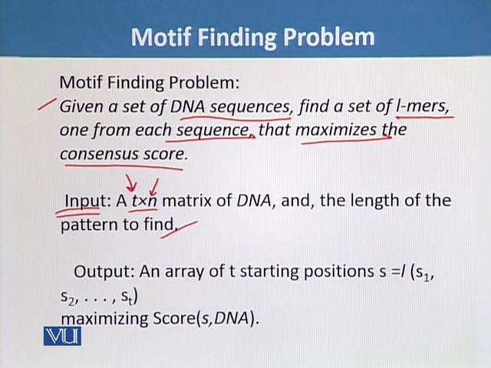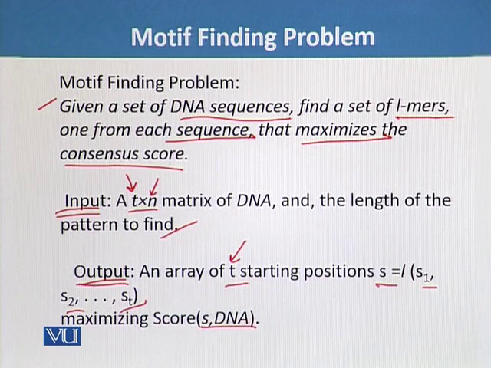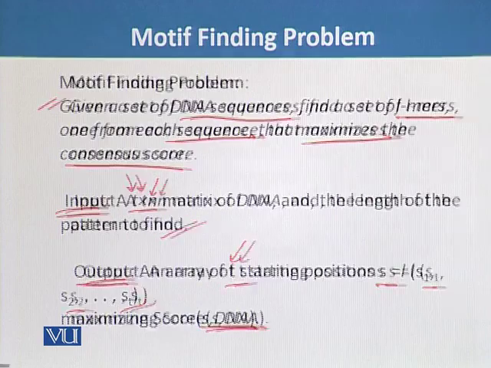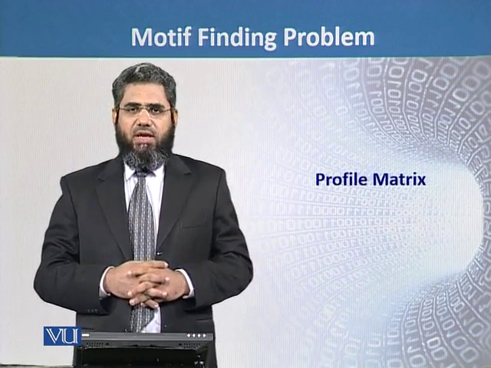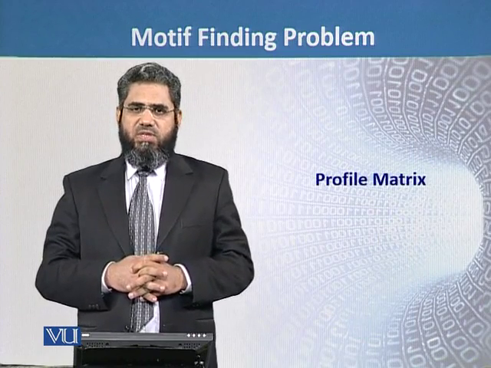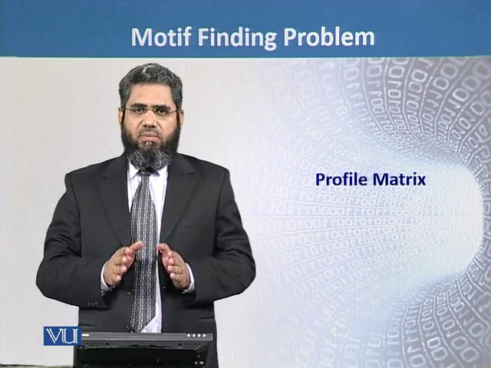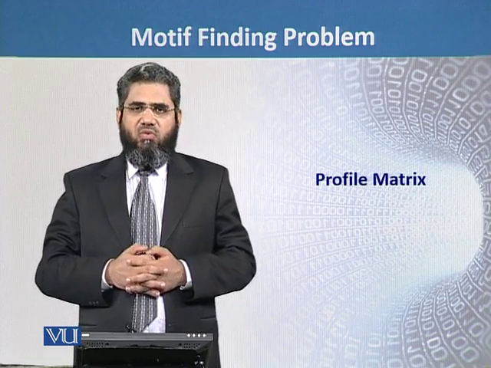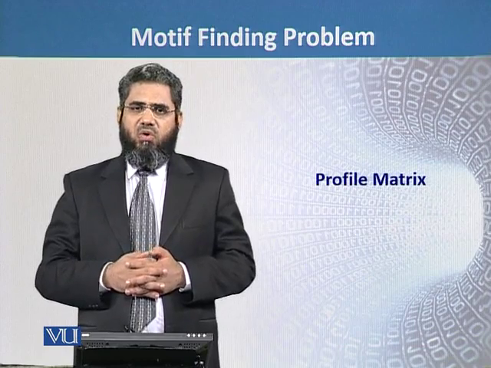So we have to find the pattern, and we will get the output in the form of an array of T starting positions, where T is the number of DNA sequences and S is the starting position, S1, S2 up to the last ST. And what we will get is the maximum score of that alignment. We have seen that we can calculate the maximum consensus score within the DNA sequences having a specific motif length. By doing so, we will get the maximum score of the DNA.